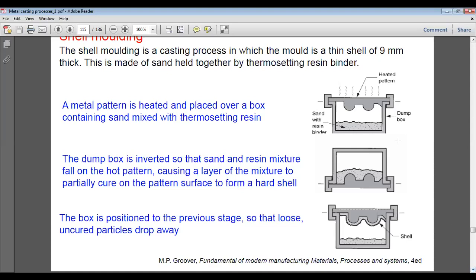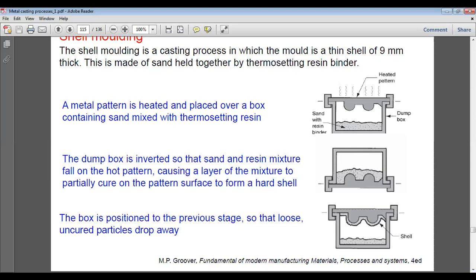molding sand. You can see the pattern is heated, so obviously this must be made of metal, otherwise it would not have been possible to heat it. The molding sand is filled in the bottom, and when this pattern is heated, it is reversed, upside down, so the sand will come down and stick, because it is provided with additives and binders, so that it sticks with the pattern.